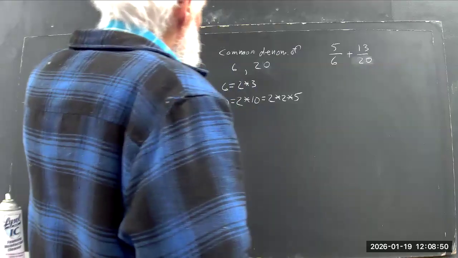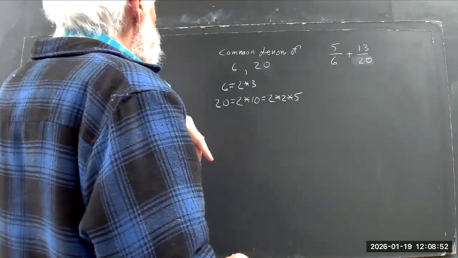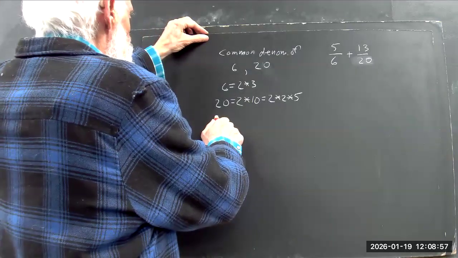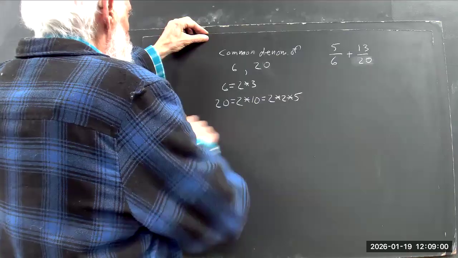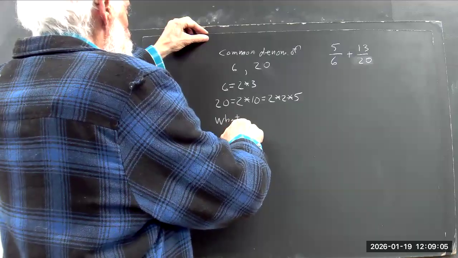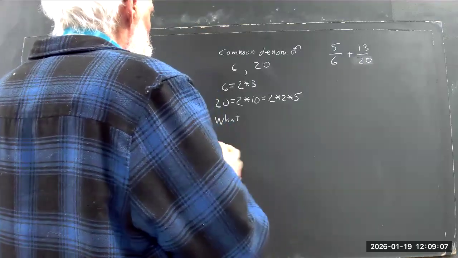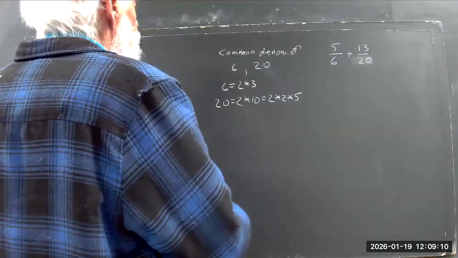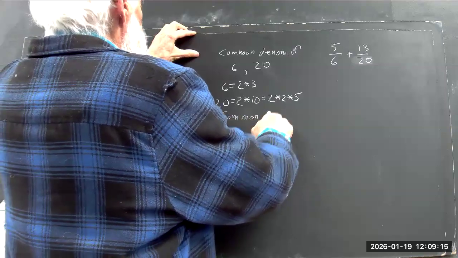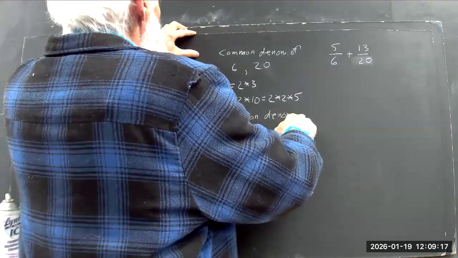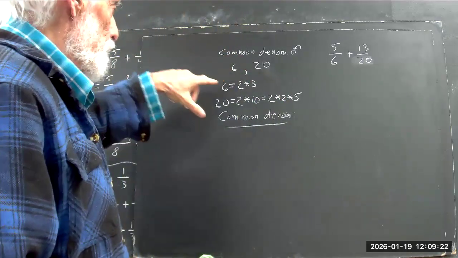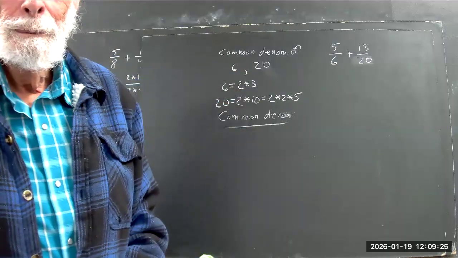Okay. So now, your common denominator means a number that each of these will divide into.